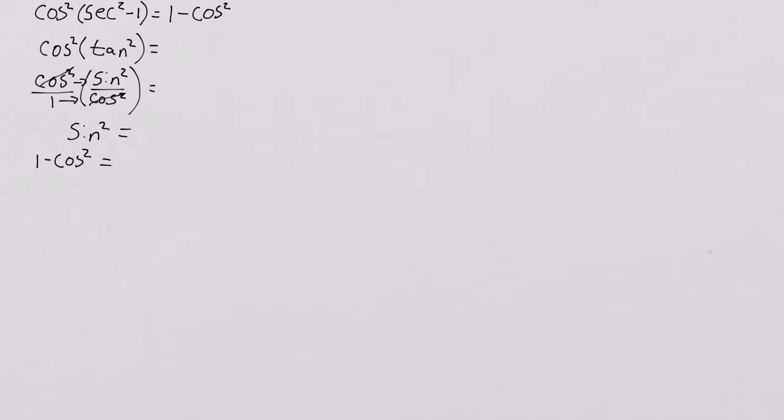You can go back in and fill in the reasons. In fact, let's just do that. We have enough room here. My very top line, that's going to be my given, because that's what the problem gave me. What I did from the given part to the very first step is I did the Pythagorean identity. PYTH, good enough. Once I did that, I rewrote tangent squared in terms of sine and cosine, which is actually my ratio identity.